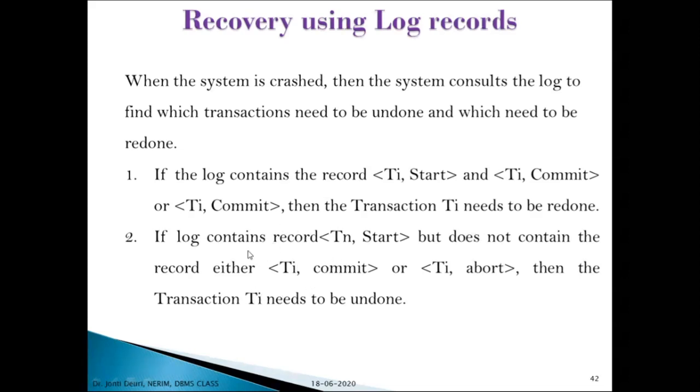So in our log record, if we get the transaction start and commit, or only commit, then we do redo. And if we get only start, with no commit or abort record in our log, then that transaction needs to be undone, right? You have to remember this.